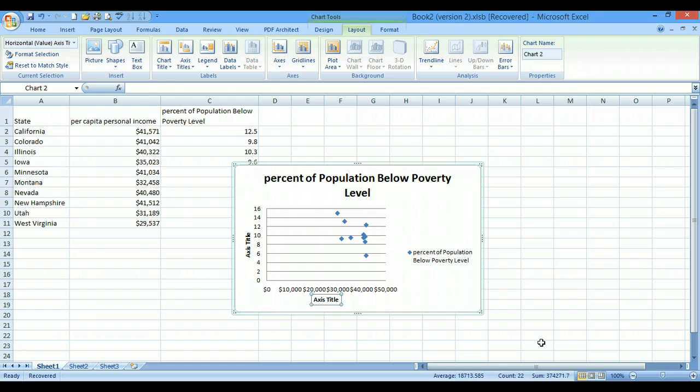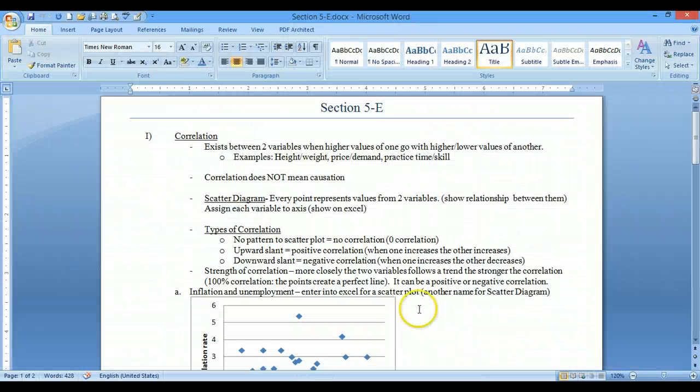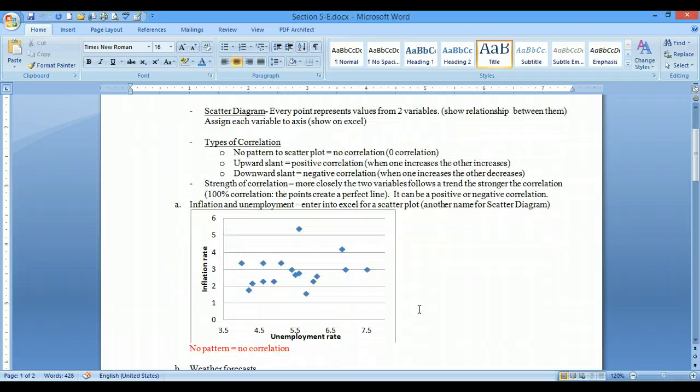In this case, this is per capita personal income, and so forth. Now, when I look at this, this is showing the relationship between the income and the poverty level, the percent below poverty level for each of these states. Let's go back and talk about the correlation now.